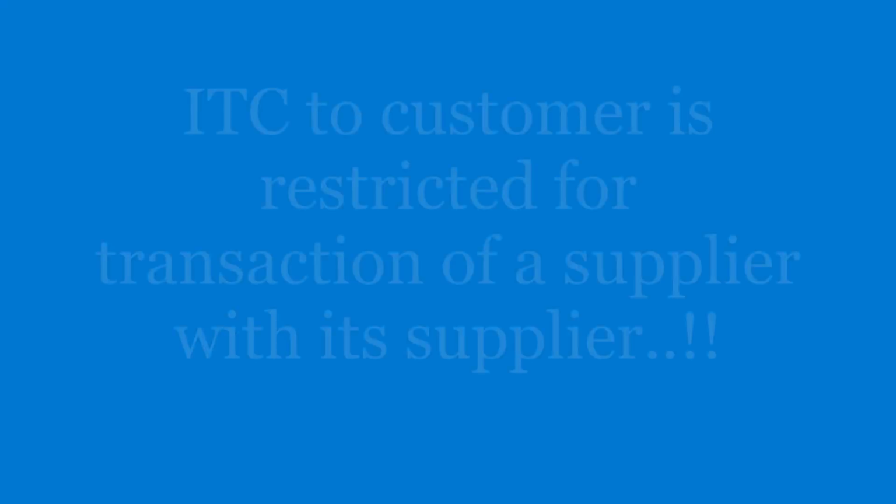Now, similarly, condition number 5 is also very strange, that if supplier does not follow the requirement of Rule 86B, that is, if supplier does not make the mandatory payment of GST in cash, that 1% payment of GST is mandatorily required to be paid in cash as per Rule 86B. If the supplier does not make such payment, then recipient's credit is restricted.